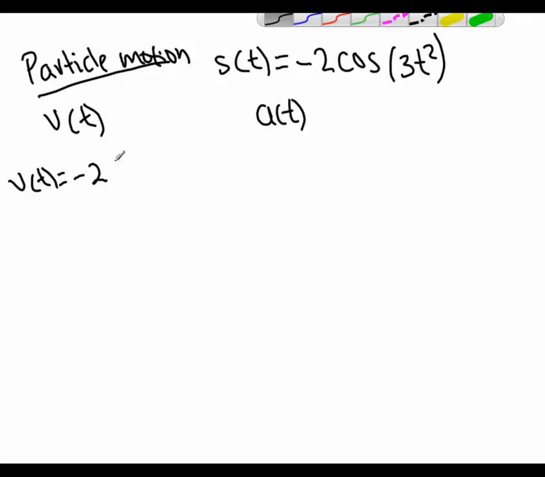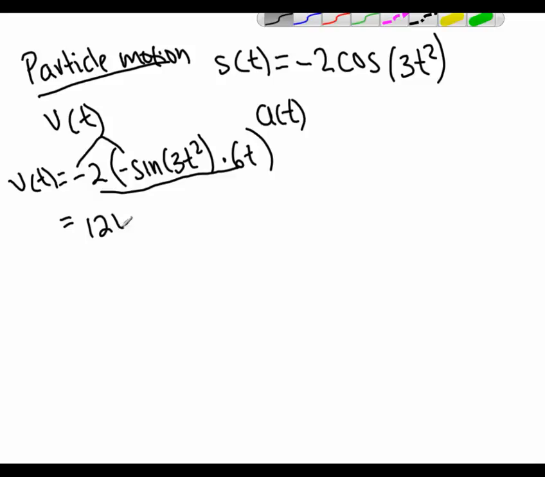So -2 times the derivative of cosine, which is negative sine of the argument, times 6t. Negative times a negative is positive. 2 times 6t gives you 12t sine 3t squared.